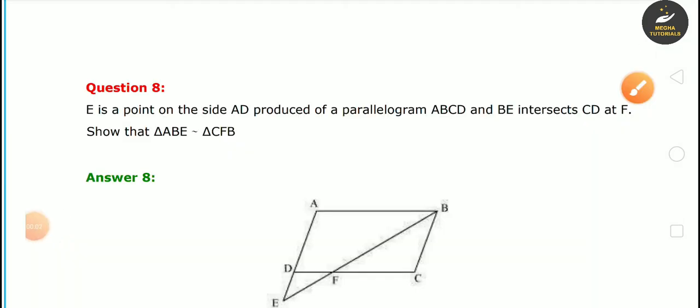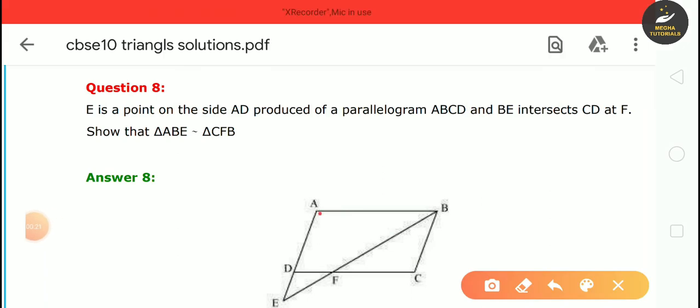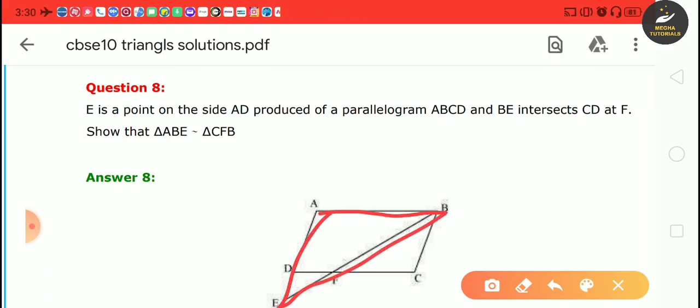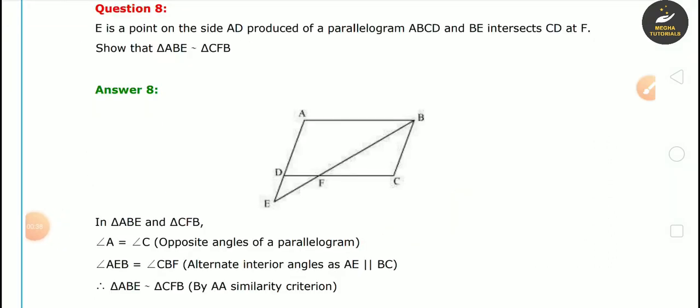Question 8. E is a point on the side AD produced of a parallelogram ABCD. It means ABCD is a parallelogram and BE intersects CD at F. Then you have to show that triangle ABE is similar with triangle CFB. So please see the solution.